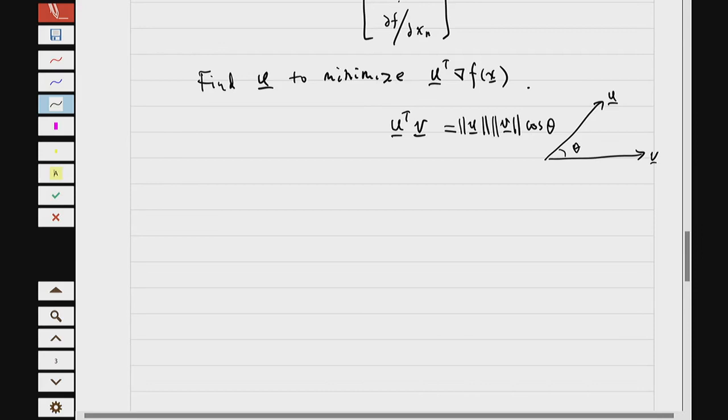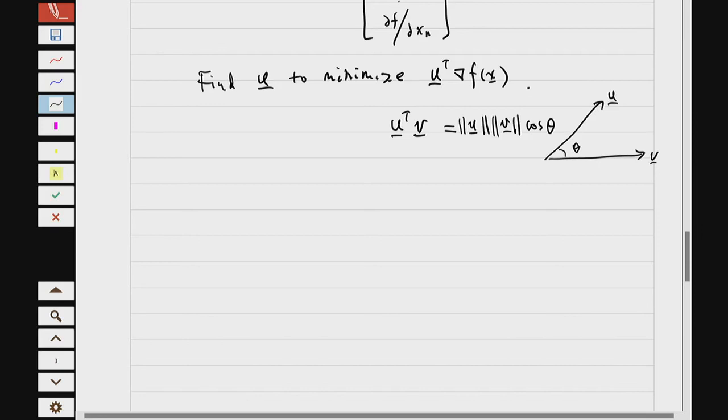How do we minimize this, the u norm times v norm times cosine theta? What is the best case to minimize it, the smallest? Perpendicular? Are you sure? When perpendicular, cosine will be 0, right?